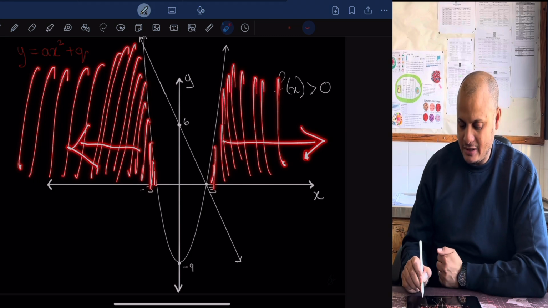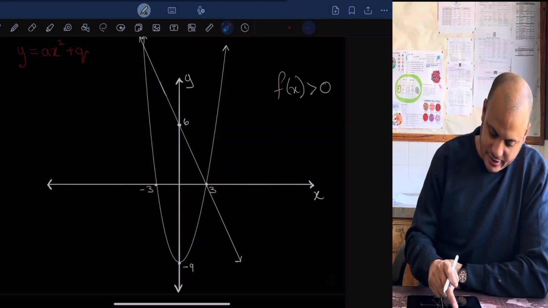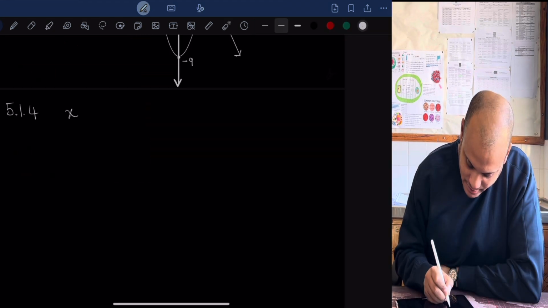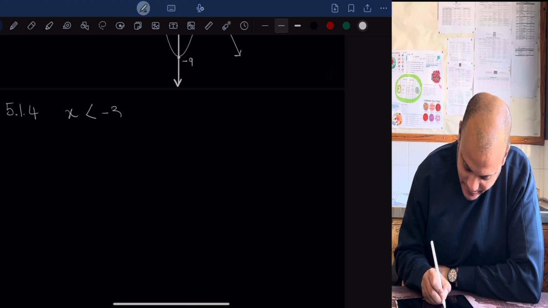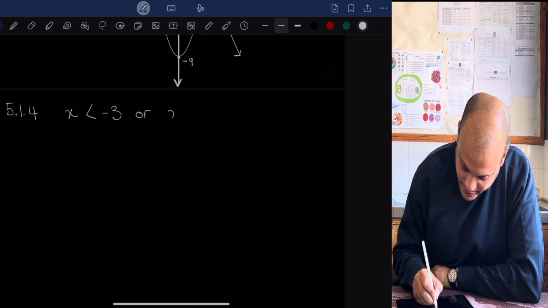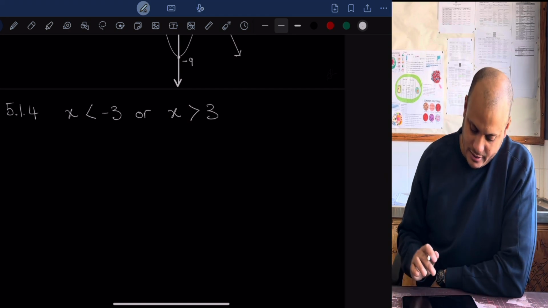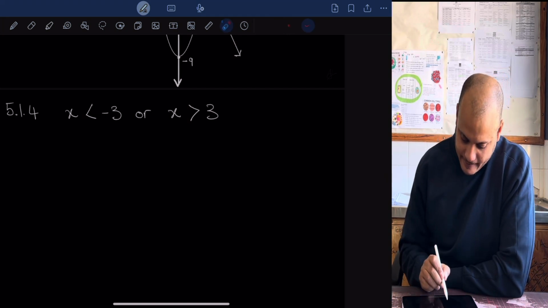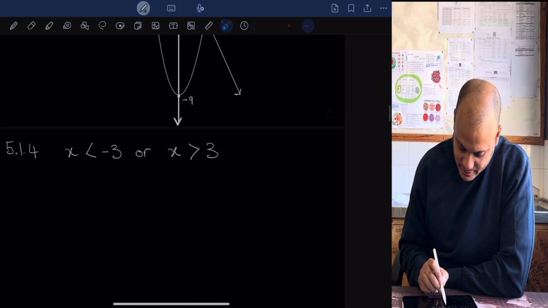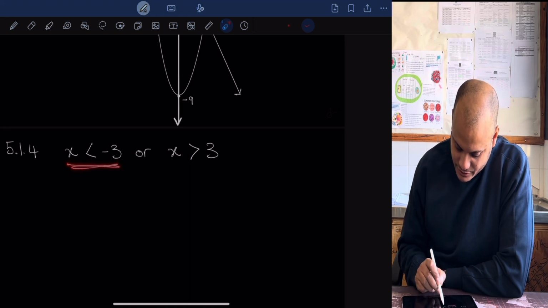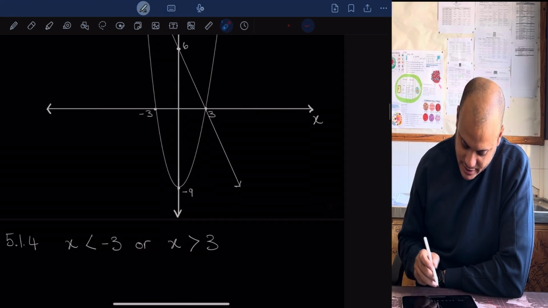So now I need to know, how do I write this? I'm going to say x less than -3 or x greater than +3. This notation, you'll see that it's split. I said either this or that. There's a break in between.